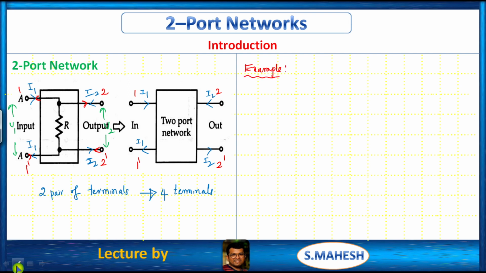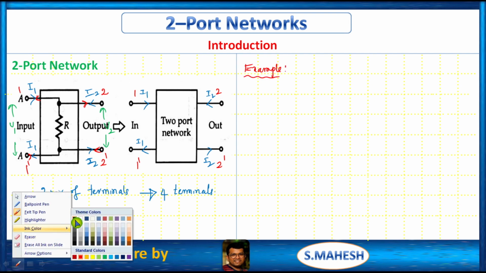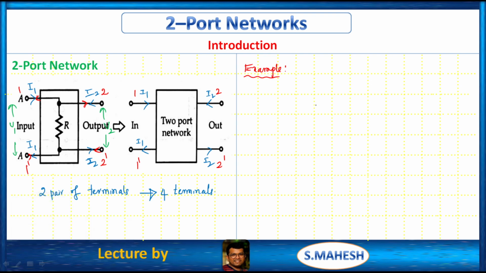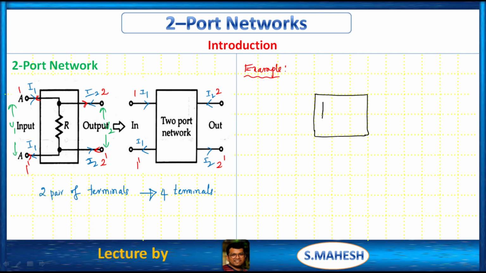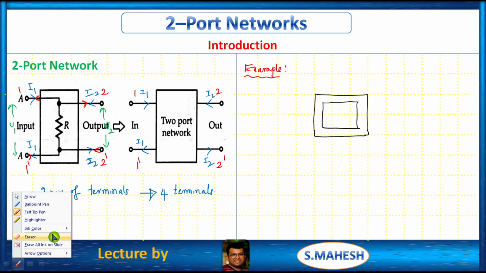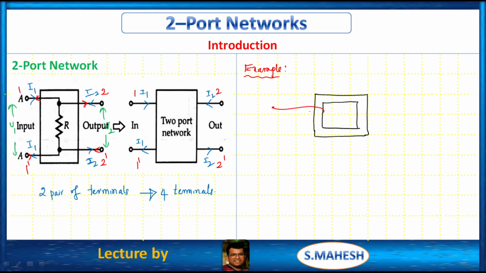We all know that the example for this two-port network is the transformer. This is the core of the transformer. For this we have the primary winding, and like that, this is the secondary.